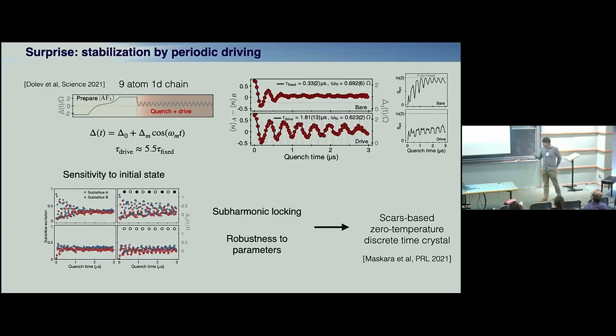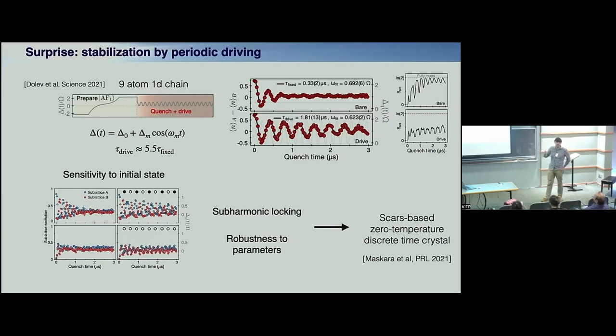So the actual explanation that was proposed by us together with Nishad and other people was that this driving realized scar-based zero-temperature discrete time crystal physics, right? You see that a number of properties check out: the subharmonic locking, robustness to parameters, and so on. And in some sense, this driving by chemical potential implemented a bit like many-body spin echoes that did stabilize the system for way longer times, right?